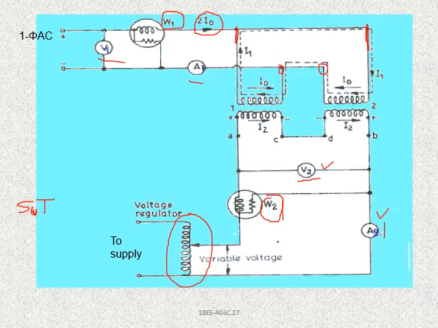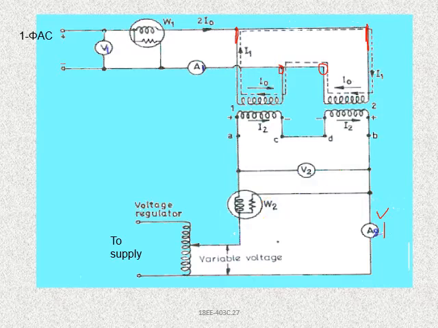Please make a note of this diagram. I'll just remove all the credentials. Please make a clear diagram of this, clearly of both primary and secondary.